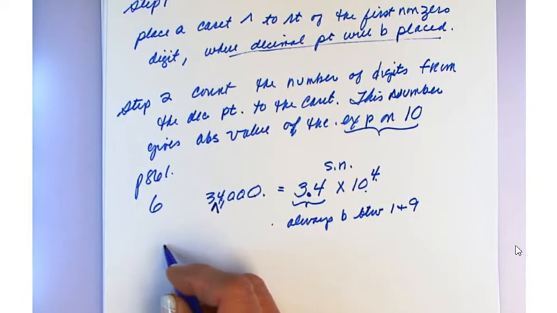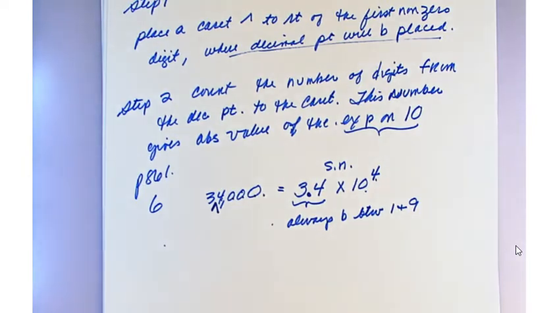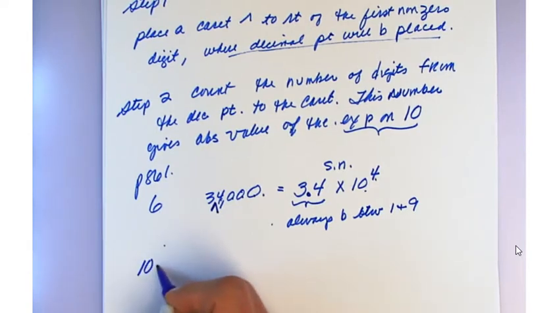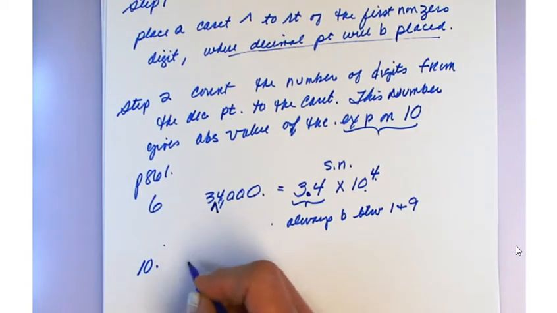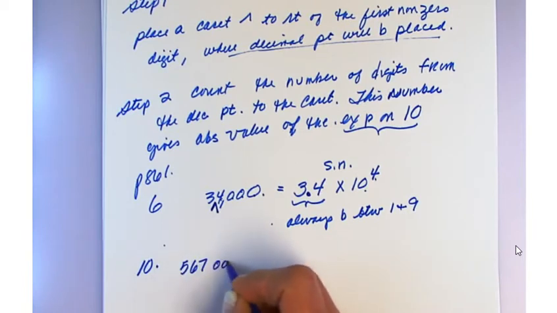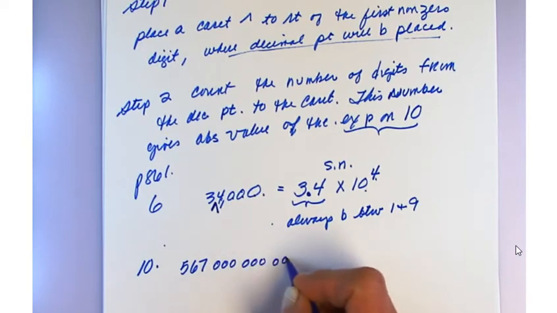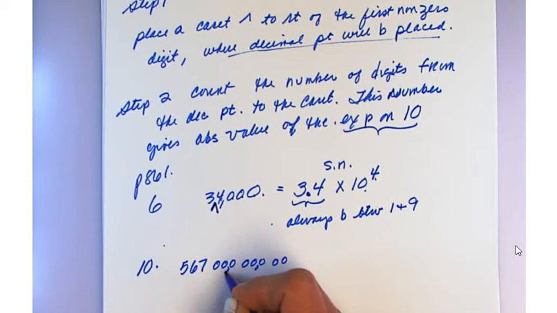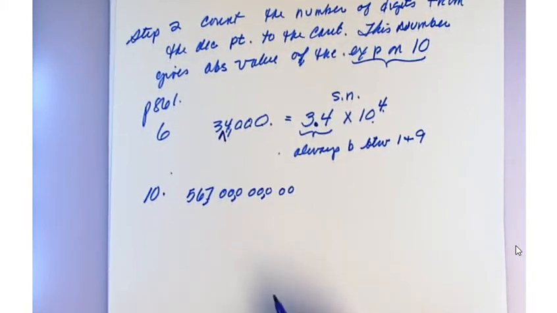Let's look at number 10. That one's a little bit harder, so let me just make one up right now. Let's say that we have 5, 6, 7, 0, 0, 0, 0, 0, 0, 0, 0, 0, 0. And that's too big to manage when we're working in math or science. So I'm going to put my caret there.